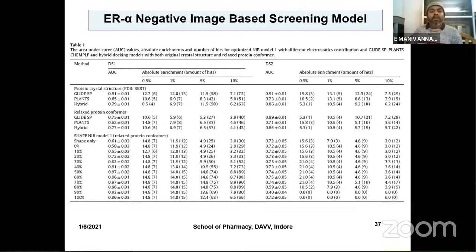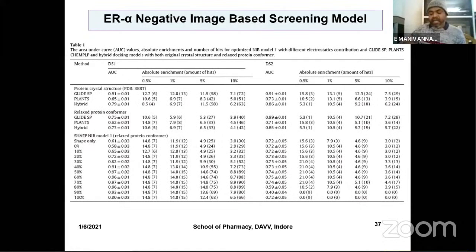So what I'm concluding here, according to ROC AUC, is that the negative image based screening model, with shape 50% and electrostatics 50%, gives an AUC value of 0.97, better recognition capacity than the docking program.